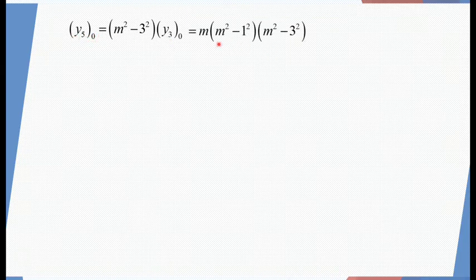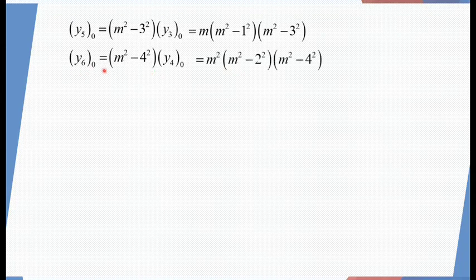So y5(0) will be m into (m square minus 1 square) into (m square minus 3 square). Now similarly, y6(0) is equal to (m square minus 4 square) y4(0), but the y4(0) is m square into (m square minus 2 square).